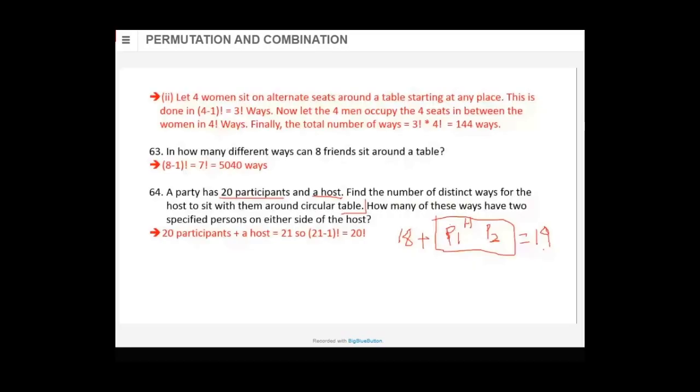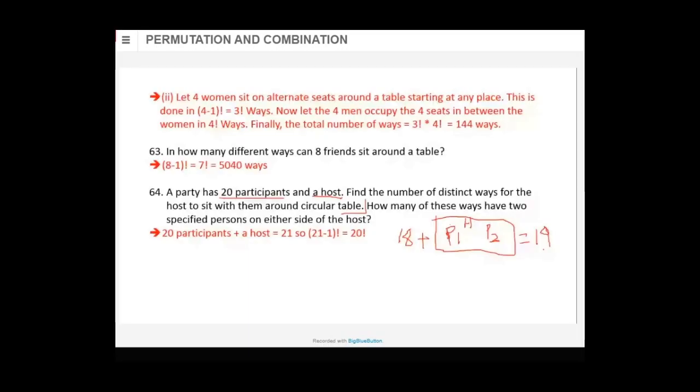Nineteen people, arranging them in a circular way. सर्कुलर वे चाहिए ना? सर्कुलर टेबल बोला है. तो क्या हो गया? कितना आंसर आएगा इधर से? 18, सॉरी, 18 फैक्टोरियल. एग्रीड? इधर का आंसर 18 फैक्टोरियल आ जाएगा.